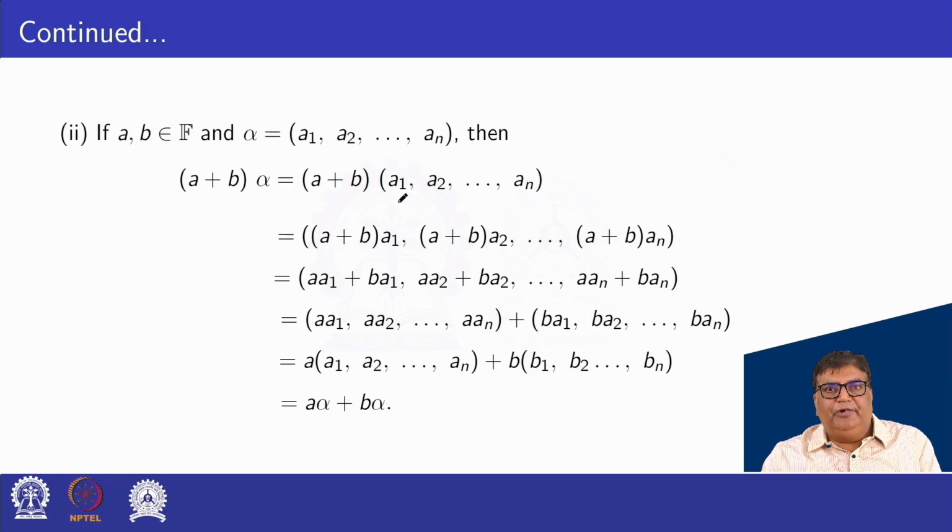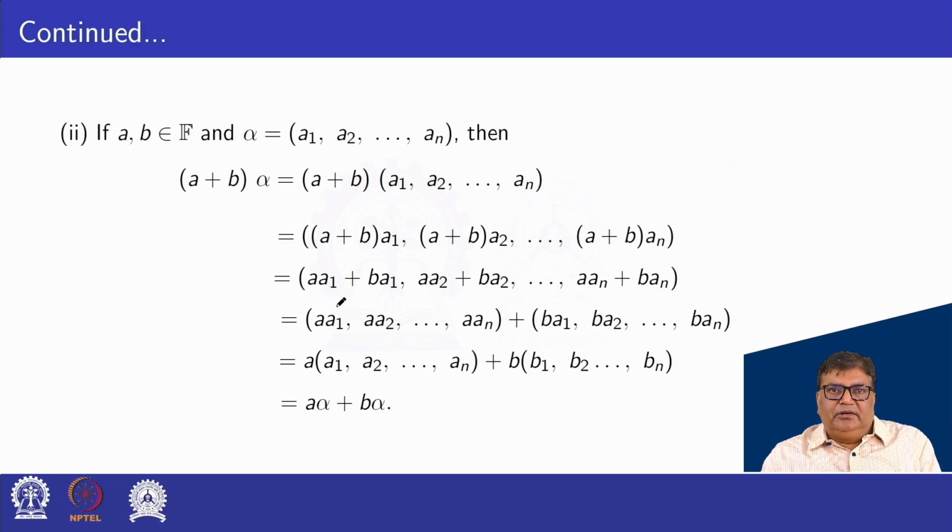That is (a + b)a1, (a + b)a2, and so on, (a + b)an. That is aa1 + ba1, another aa2 + ba2, and so on, aan + ban.